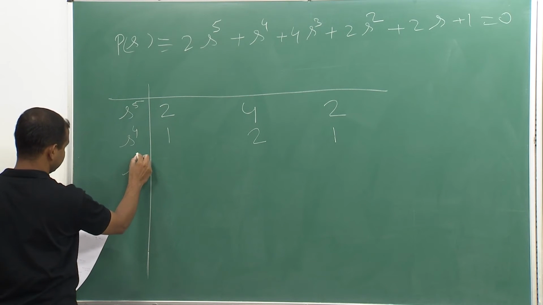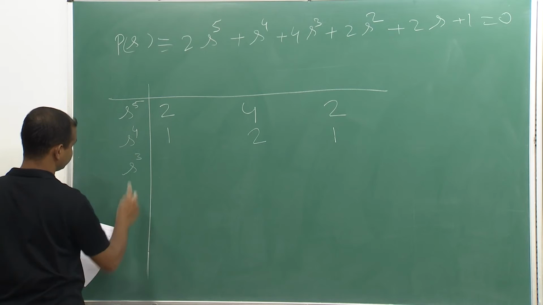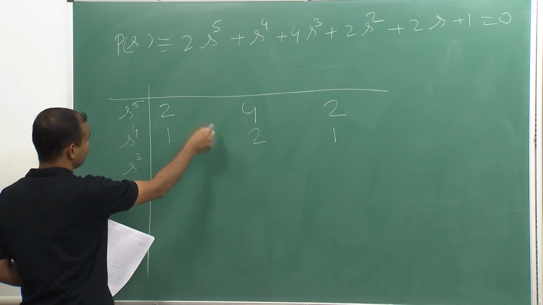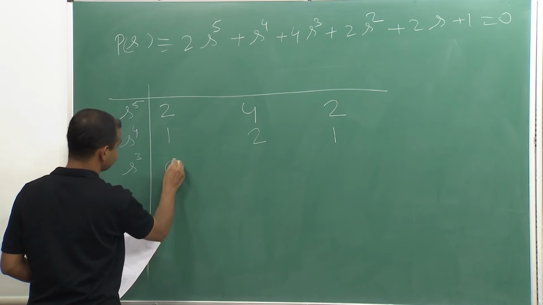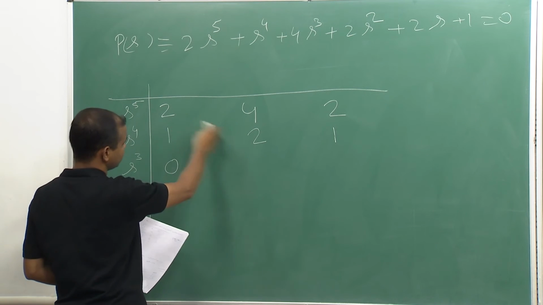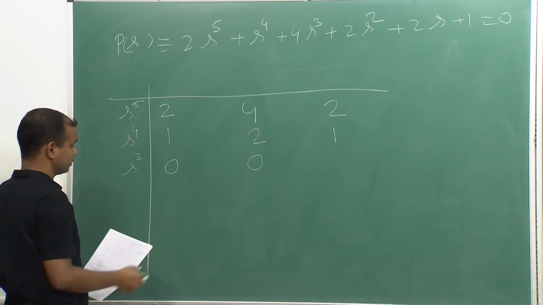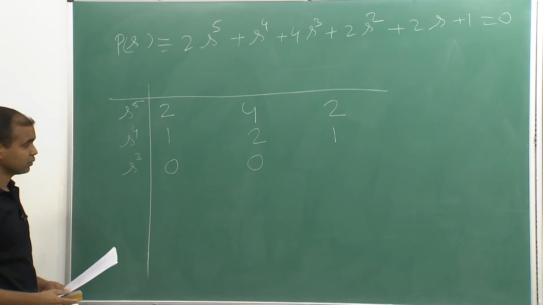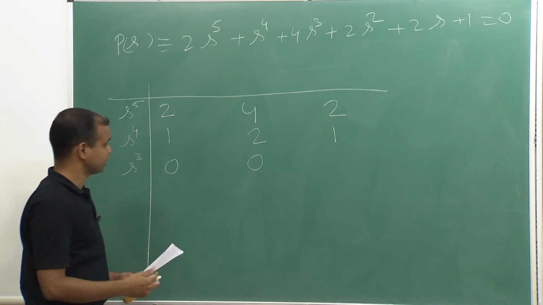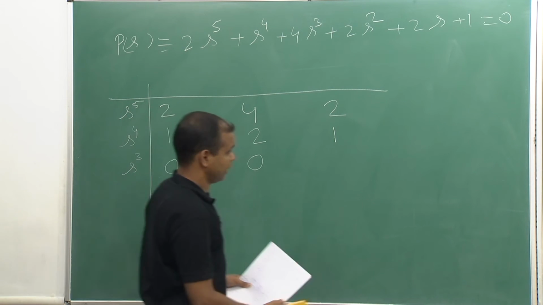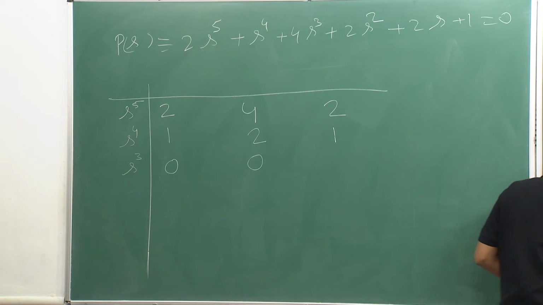The coefficient in this row, s cube: 4 minus 4, it will be 0. Here 2 minus 2, again this will be 0. So, again we are getting all the terms in this row 0. So, we will have to find the auxiliary equation, and then we will have to find the new coefficients.